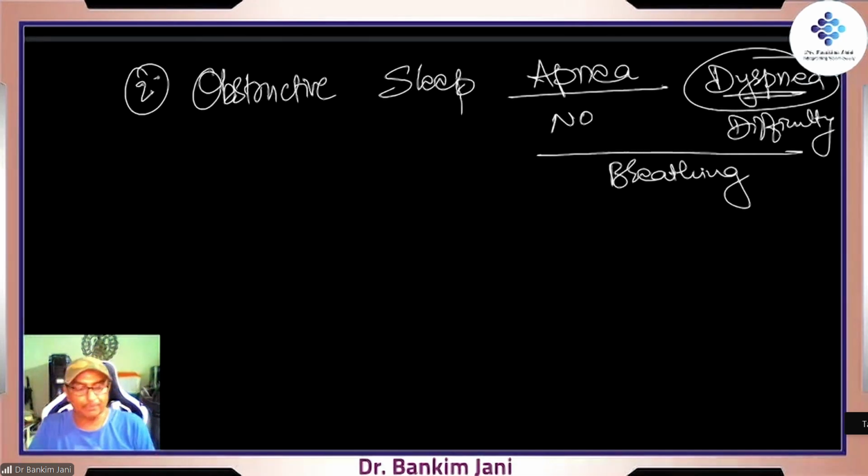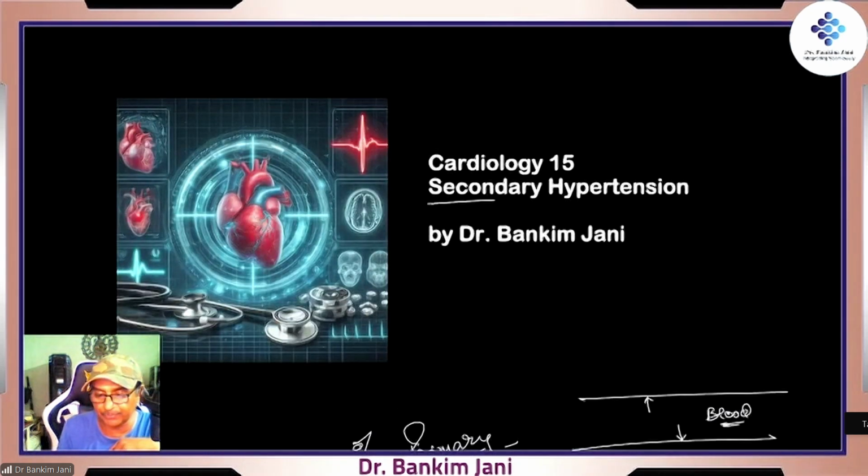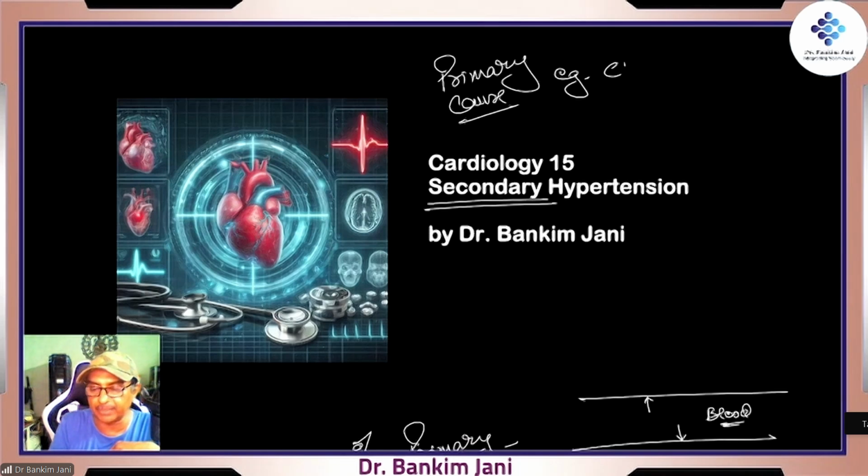These are, I would not say these are the symptoms, because these are the conditions which are associated with hypertension, right? So in fact, it is the other way around. These are the conditions with which hypertension is associated. So because our today's topic is secondary hypertension. So when we say secondary hypertension, it means there is some primary cause, right? Say for example, chronic kidney disease.